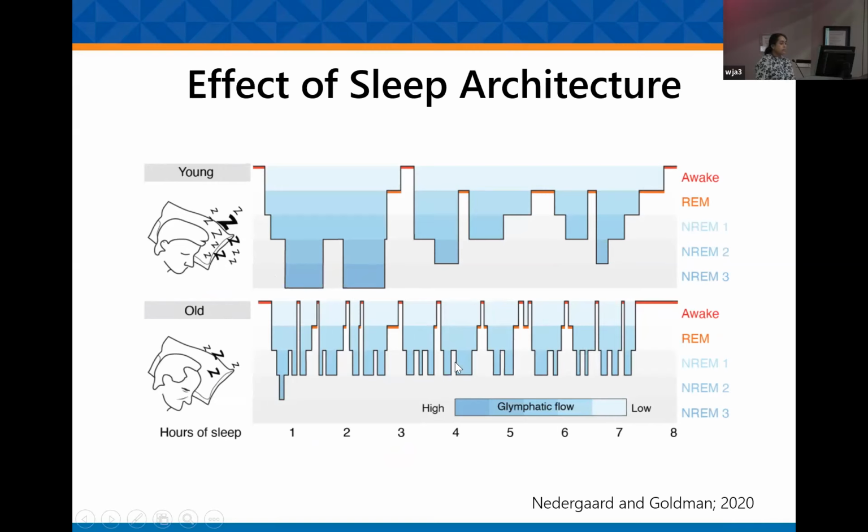But in an older person, we see much more fragmented sleep, with many more arousals. As we get older, we lose some of that slow wave sleep. In the literature, they say that maybe around the age of 30, our slow wave sleep, or deep sleep, starts declining. But that might also mean that our lymphatic flow declines as well with the loss of deep sleep.